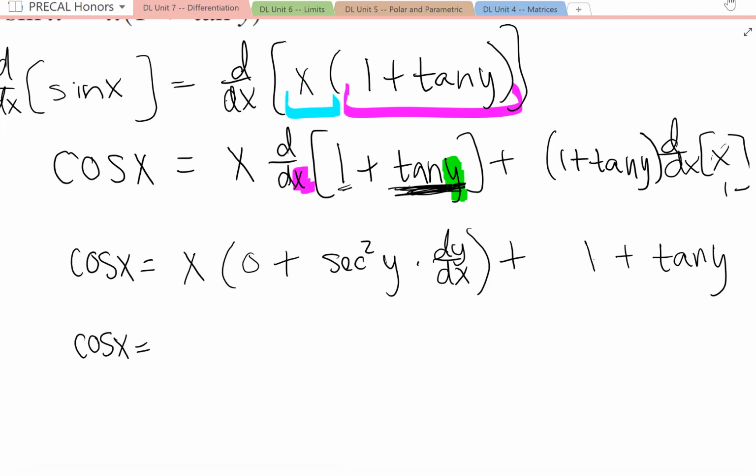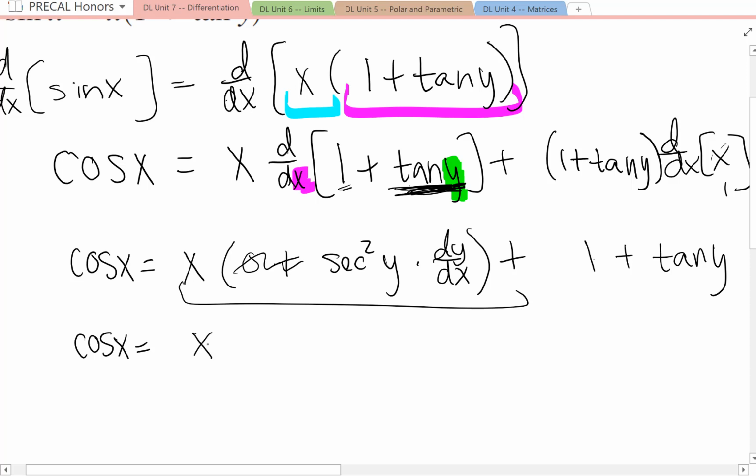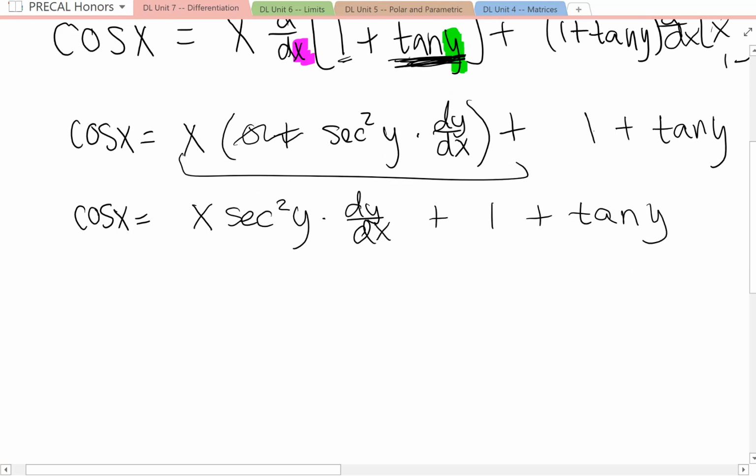Continue to simplify, 0 plus, so this is just all one term, x secant squared y times dy dx plus 1 plus tangent y. We want to isolate the dy dx term, so subtract 1 and subtract tangent y on both sides.